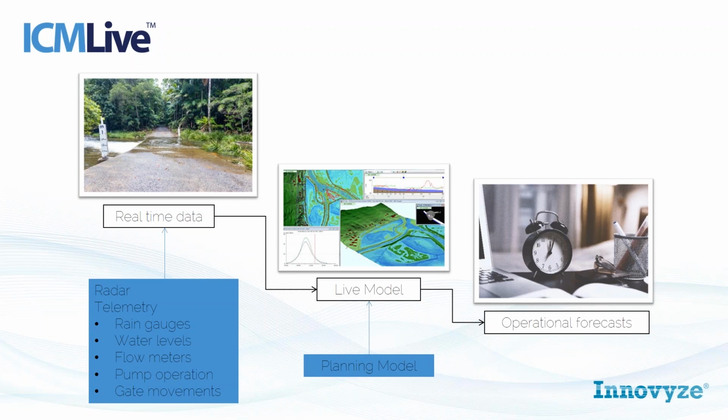Its run intervals can be reduced automatically if, say, it hasn't rained in 2 or 3 days, or if a rainfall event is anticipated, it'll start automatically kicking off the simulations if you set it up that way. It forecasts levels, flows, and water quality across the whole catchment, and also if a particular threshold has been exceeded in the network, you can set it up to kick off alerts.